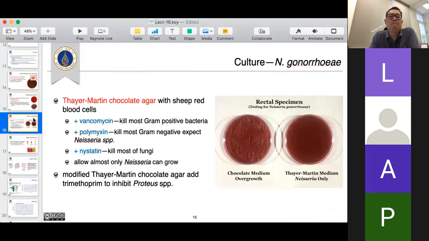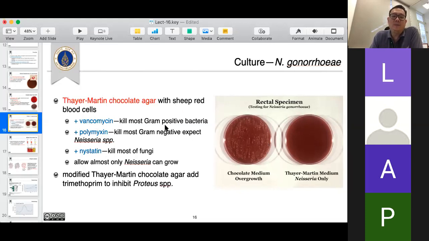Okay. The Thayer-Martin chocolate agar uses chocolate red blood cells plus vancomycin, polymyxin, and nystatin. Vancomycin kills gram-positive bacteria, right? It attacks the cell wall. Polymyxin kills gram-negative bacteria, except Neisseria.